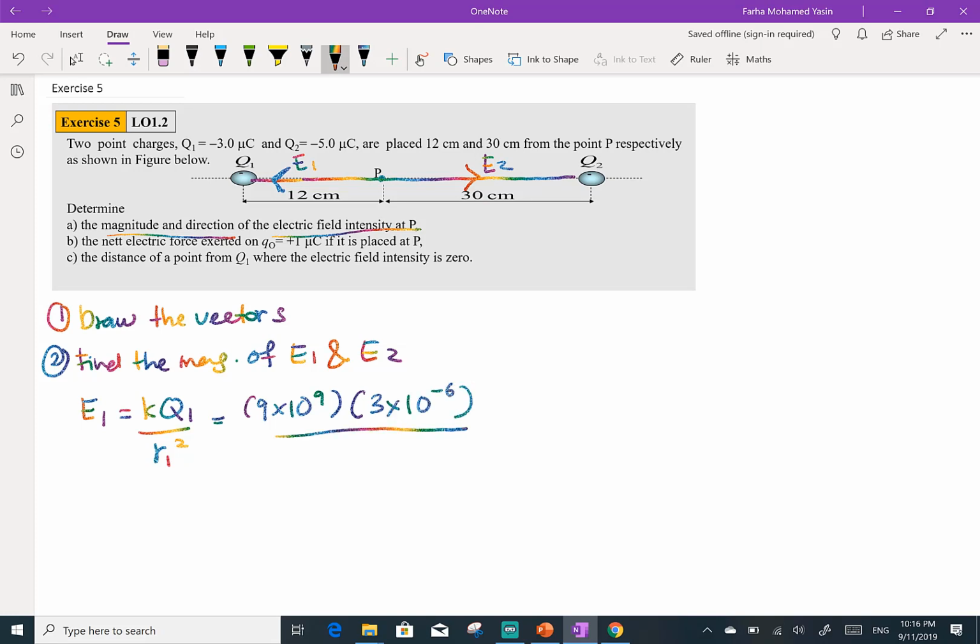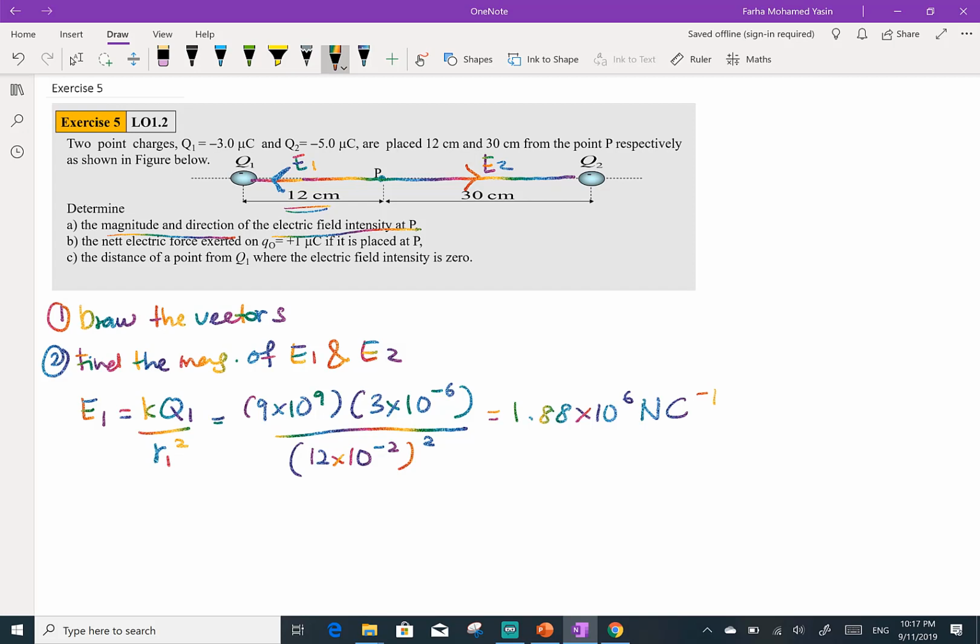Okay, and R1 is 12 centimeter, so we convert to meter. Okay, so we calculate. Okay, we can get the answer 1.88 power of 6 Newton per Coulomb. Okay, so this one is the magnitude.